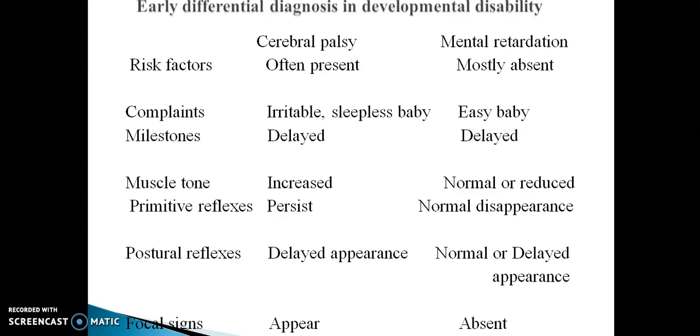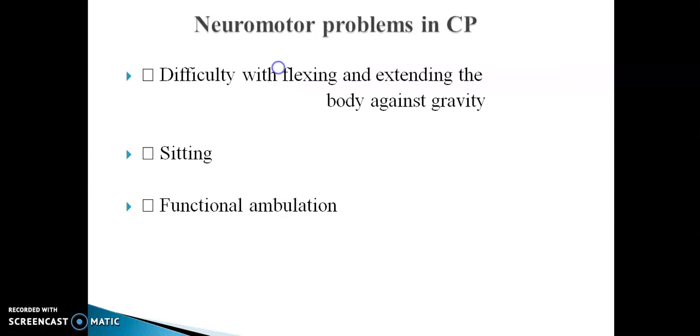Focal signs normally appear in cerebral palsy. In mental retardation, we don't find a focal lesion or focal sign. For a focal sign, we should have a focal lesion, so that is very commonly seen in cerebral palsy.